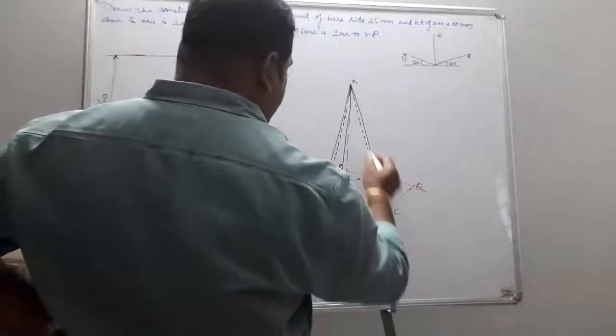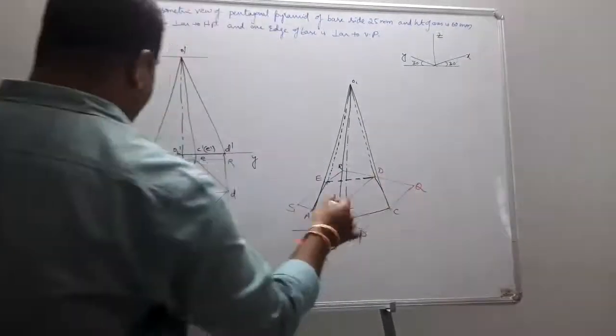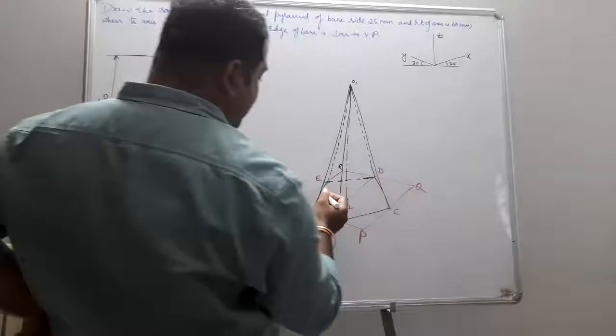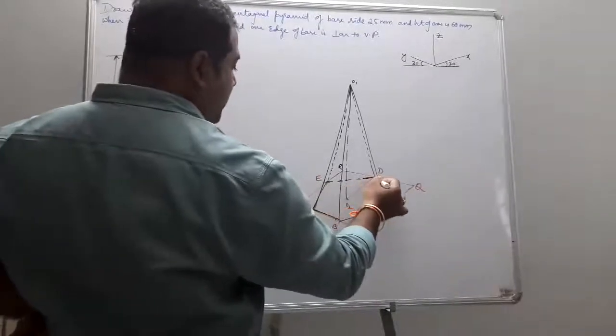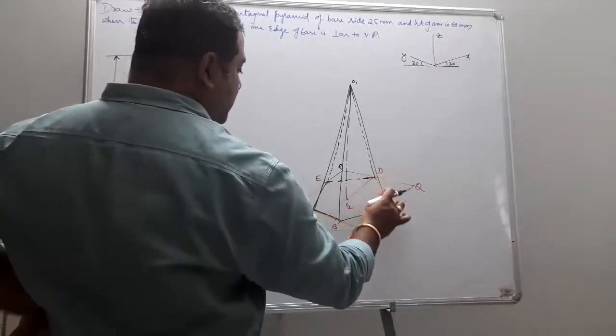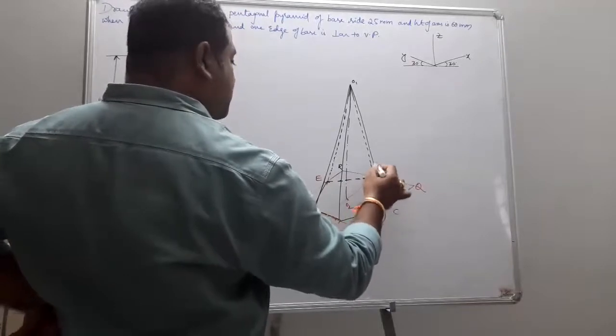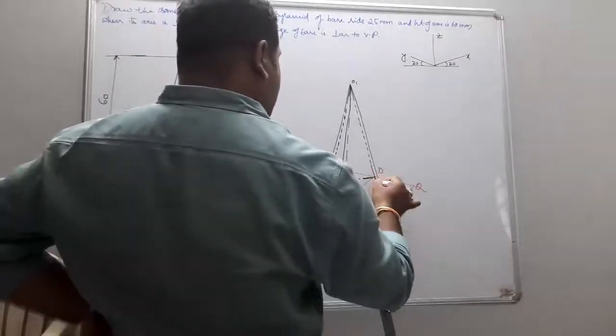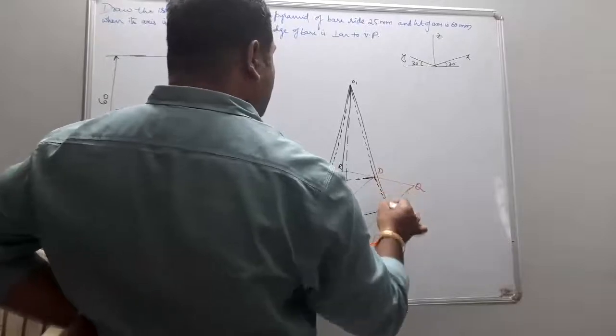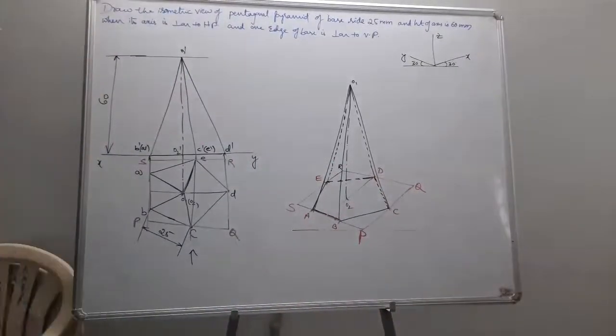So B, C, D are going to be somewhere you construct like this. So either this is going to be, or this is going to be obtained as the dotted. So D. Okay, like this. Okay, is it clear?